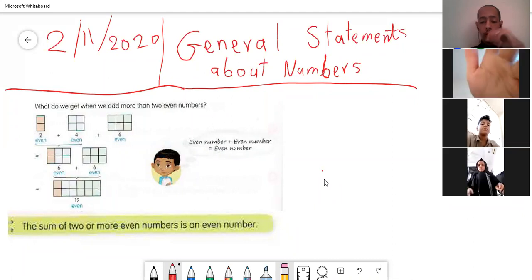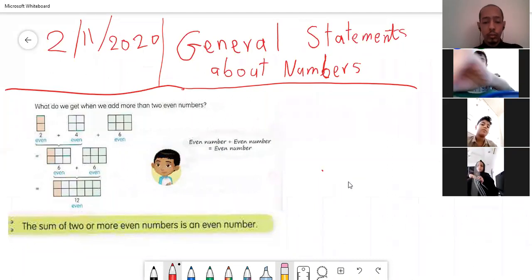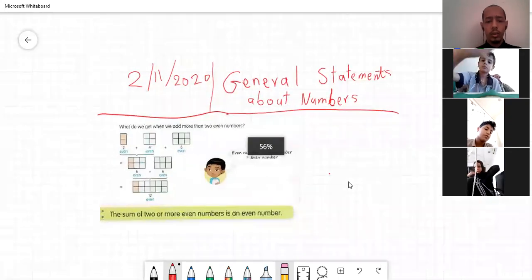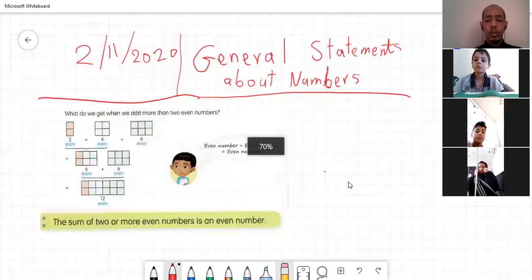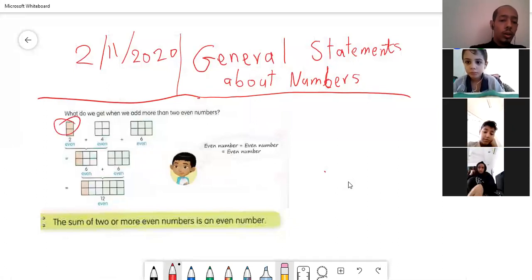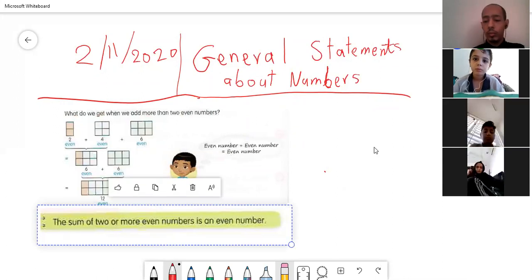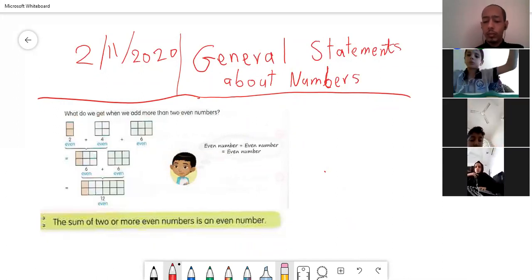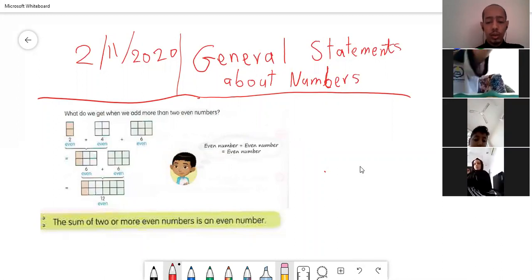Please write after me, but you don't need to draw the boxes. Just write the numbers and write the statement quickly. 2 minutes to finish this.